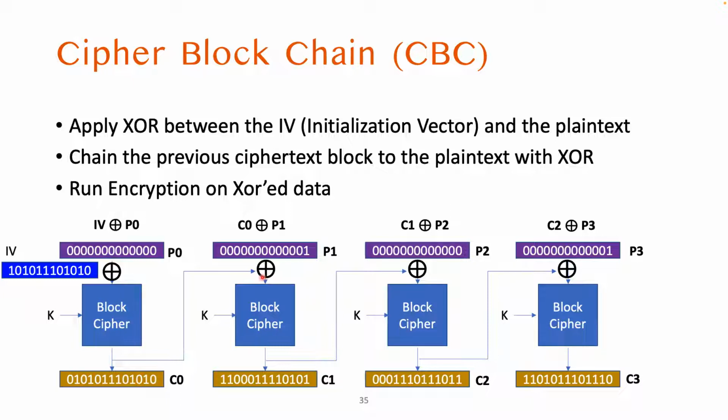The reason we are doing this is that the IV is randomly drawn. So IV XOR plain text 0 will look completely random. Then, supposing we are using a good pseudo-random permutation block cipher, the result of the encryption will look completely random too. So we can regard this as a new random number.